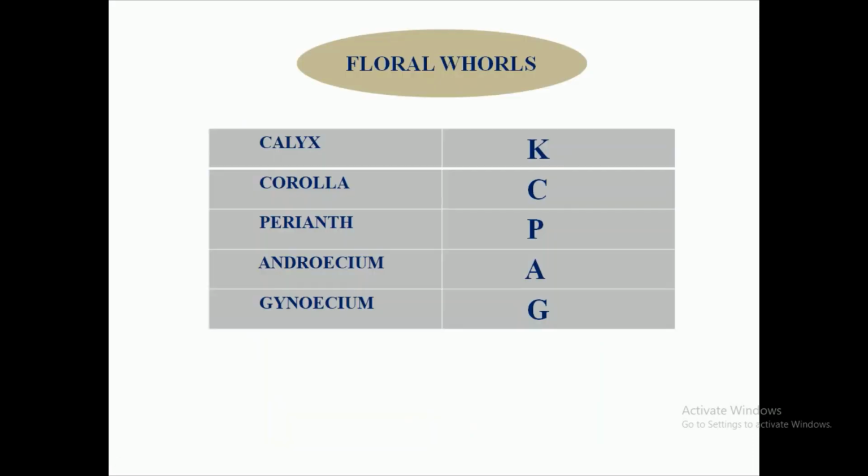Next we are going to see floral whorls and how we can learn these symbols. The floral whorls are calyx, corolla, perianth, androecium and gynoecium.